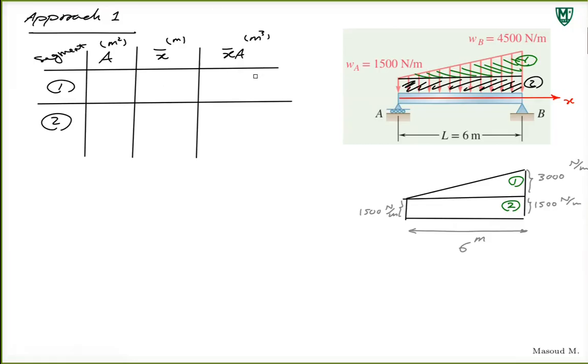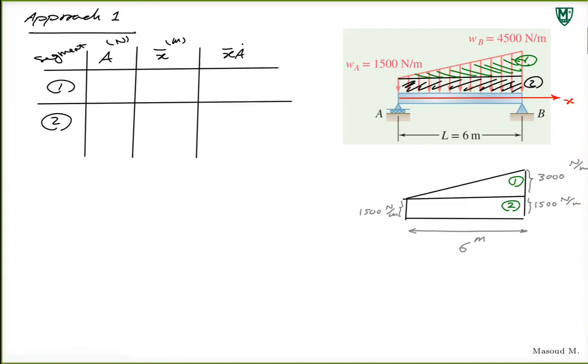Now I see why the confusion is happening there. Let me change the units. Units are probably causing the confusion. This is meter, right? Area here would be Newton.